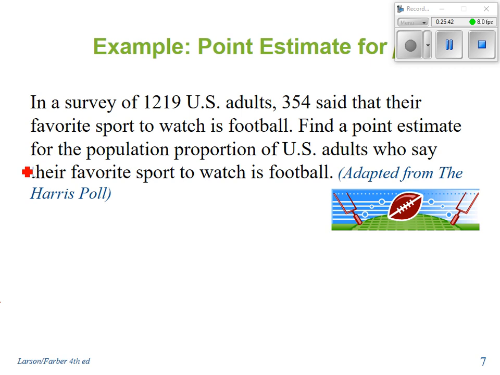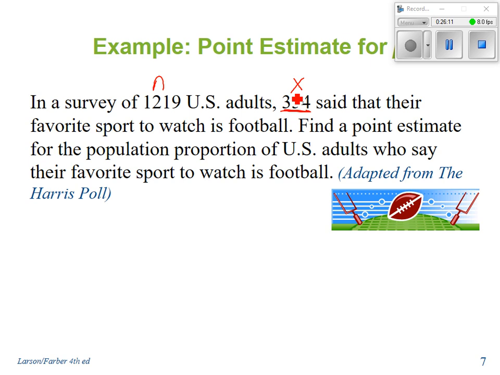On this example, in a survey of 1,219 adults, that's our N, 354 said their favorite sport to watch was football. That's a success, so that's our X. Find the point estimate, so we're finding the P hat for the population proportion of U.S. adults who say their favorite sport is football.